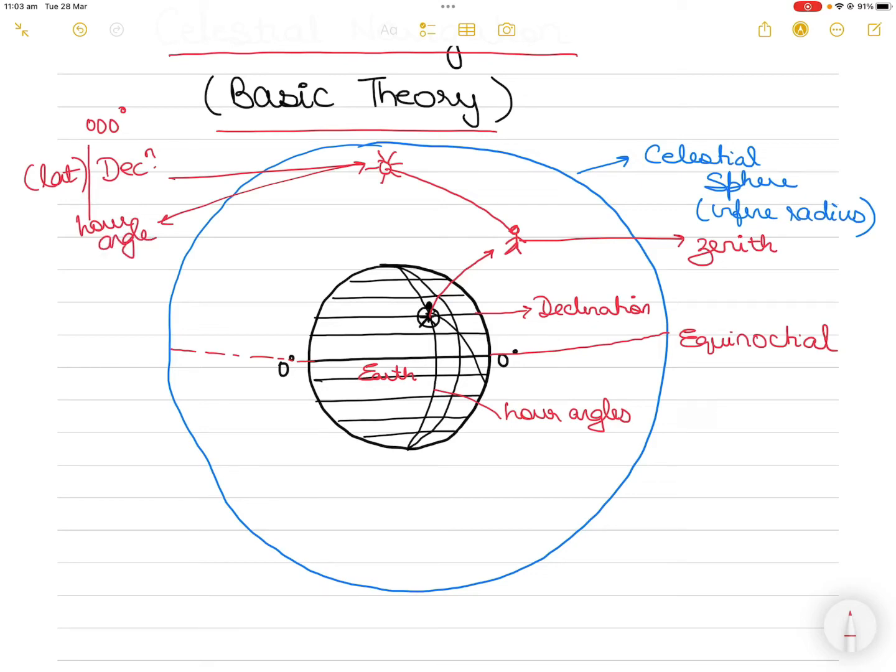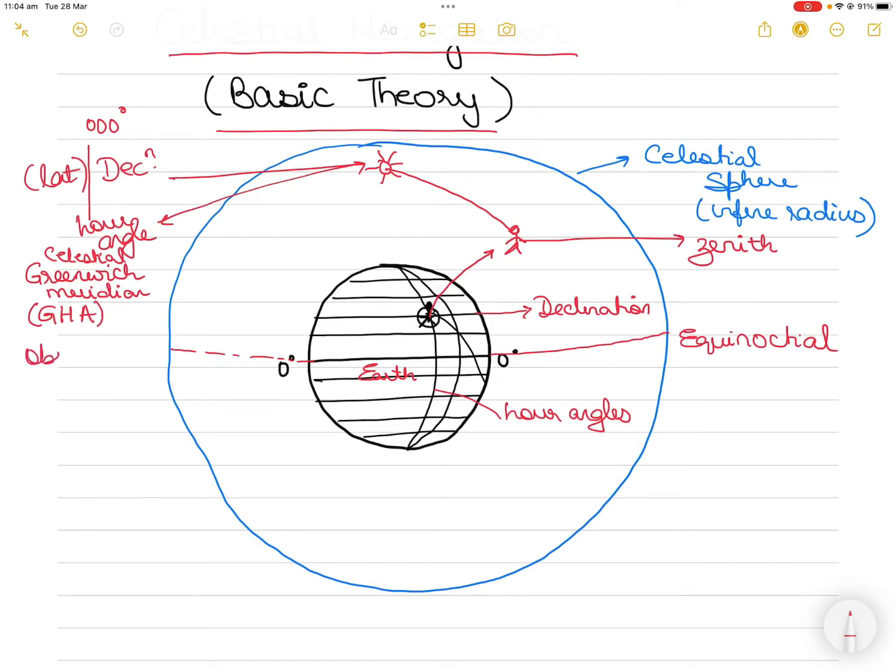Hour angle is the angle that a celestial body makes with respect to another body. So that could be a celestial Greenwich meridian. And when I say celestial Greenwich meridian, I mean the Greenwich meridian projected onto the celestial sphere. So when it is with respect to the celestial Greenwich meridian, we call it GHA.